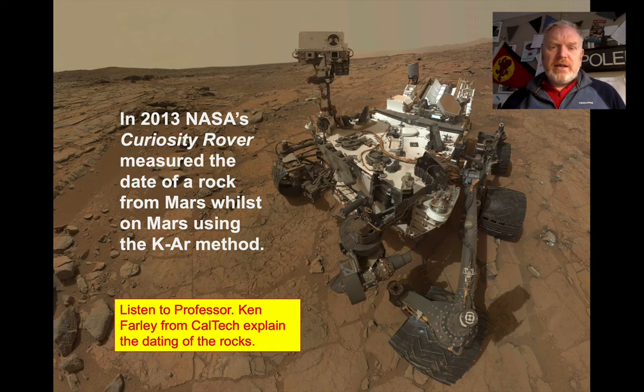I've given you a link to listen to an interview with a geologist from Caltech talking about dating these rocks. After this lesson, listen to that audio extract. It's fascinating.